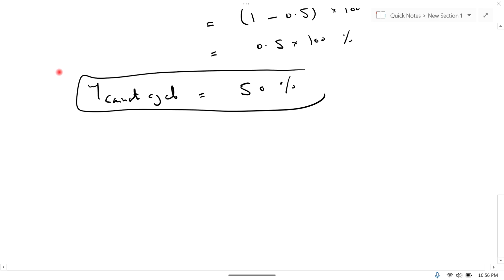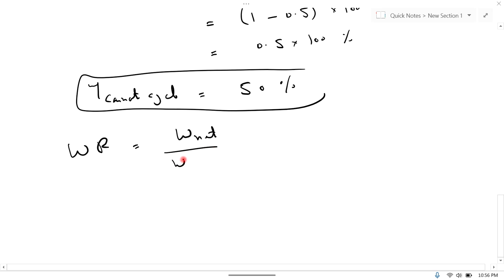Now we are finding work ratio. Work ratio is equal to net work divided by gross work. Net work is basically work output minus work input, or work of expansion minus work of compression.